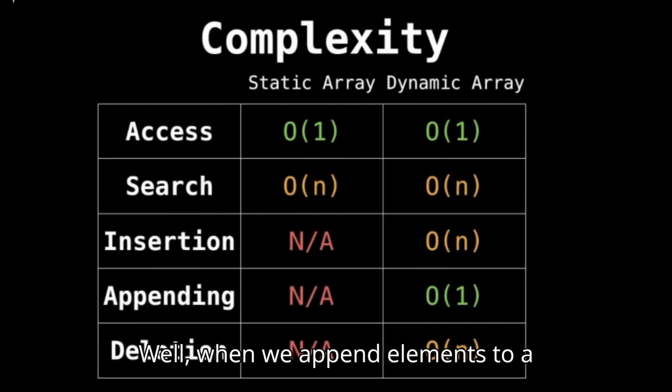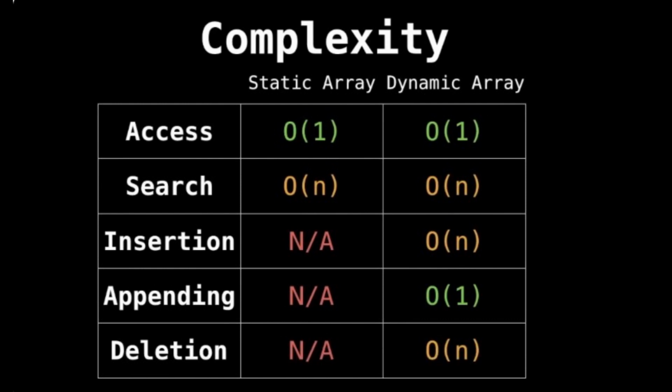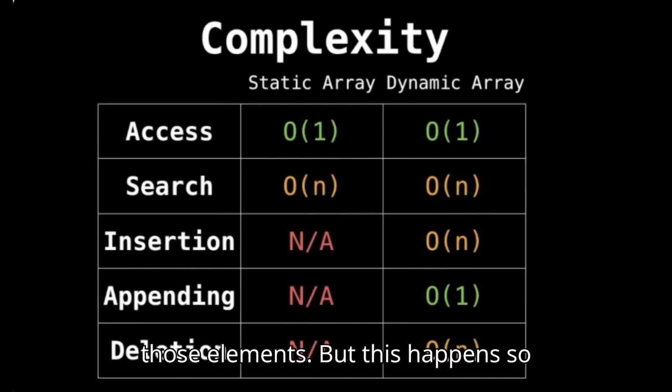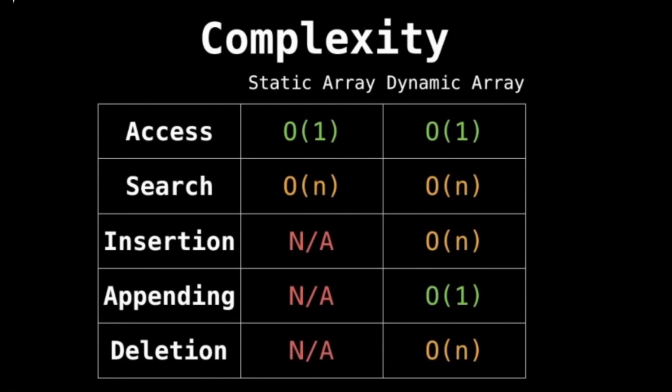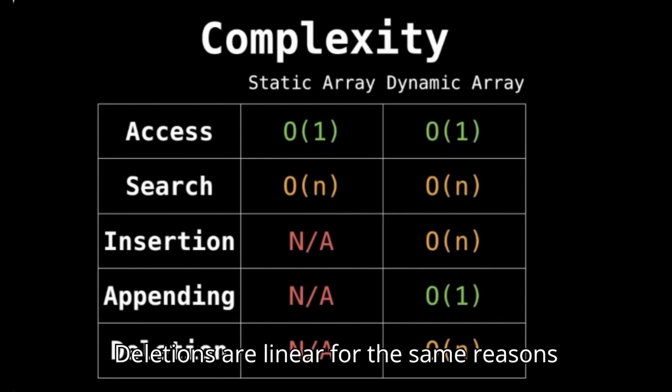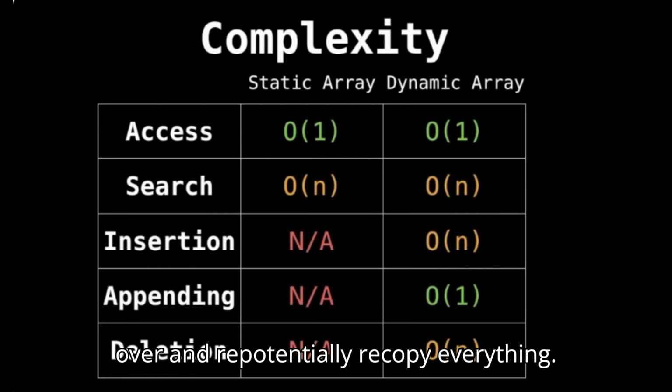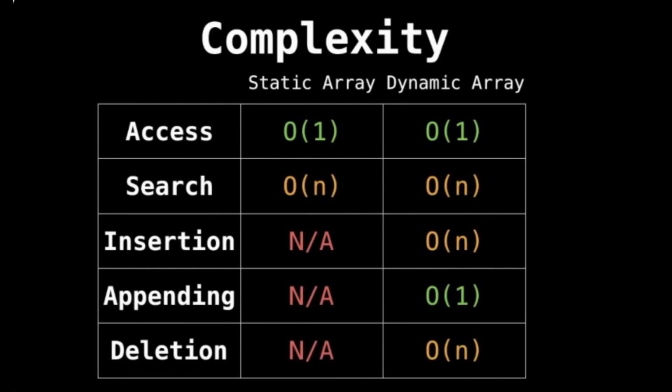Well, when we append elements to a dynamic array, we have to resize the internal static array containing all those elements. But this happens so rarely that appending becomes constant time. Deletions are linear for the same reasons that insertions are linear, you have to shift all of the elements over and potentially recopy everything into your static array.